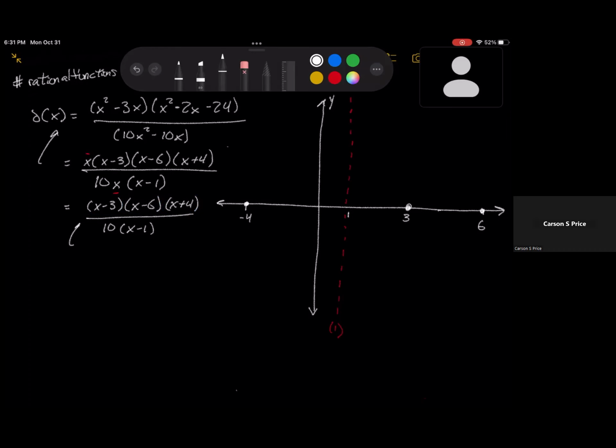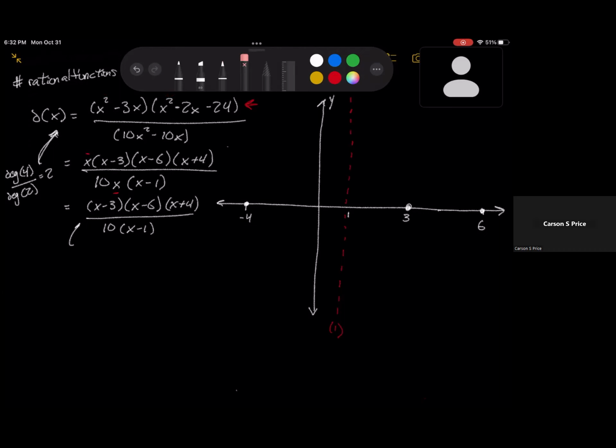So here, if I look at the original form of the function, I have a degree, what? 2 x's right there times another 2 x's right there. So if I performed this multiplication in my numerator, I'd end up with a quartic function, x to the 4th something. So I've got a degree 4 being divided by an x squared right there, so a degree 2. So that would give me a degree 2 polynomial.